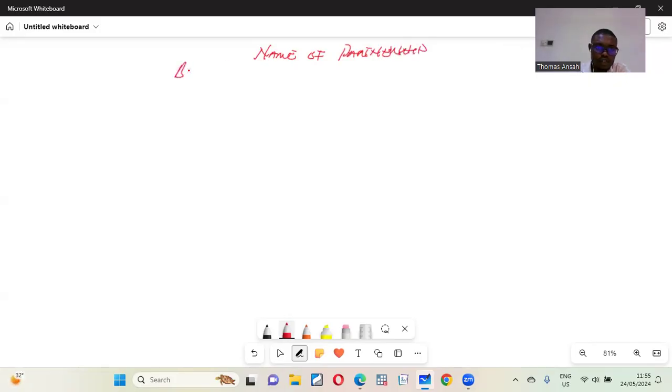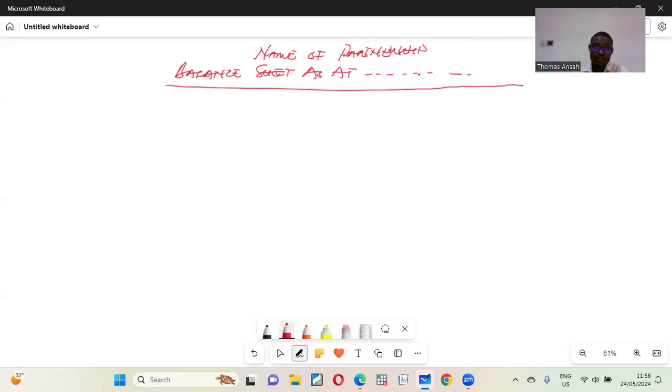Then balance sheet as at. All right, you put the ending date. So you underline perfectly. Now, we just need to remember how we used to present the balance sheet, all right?